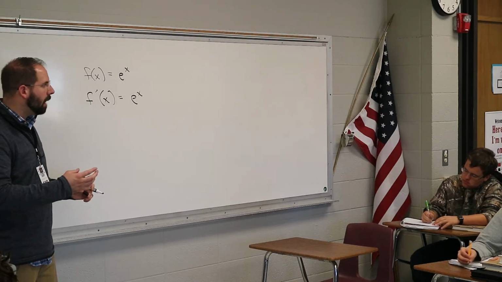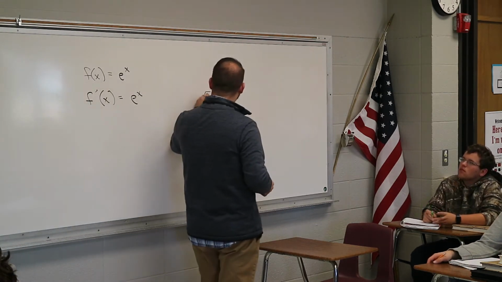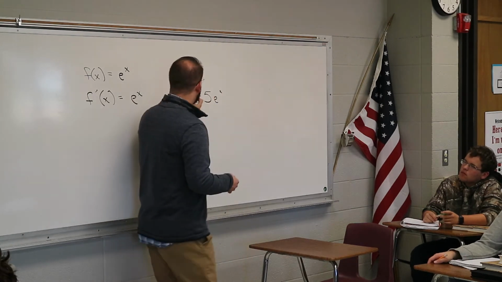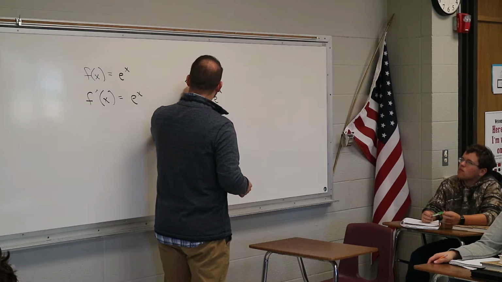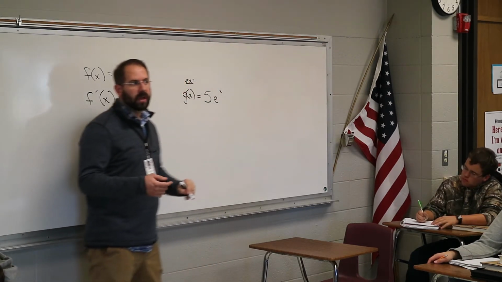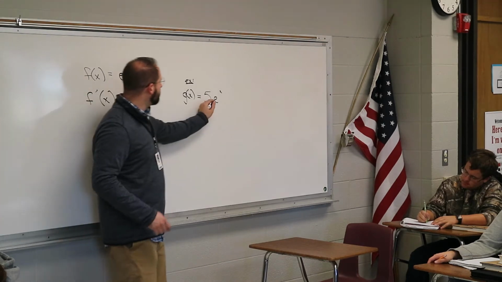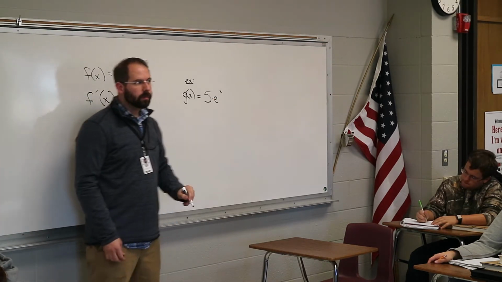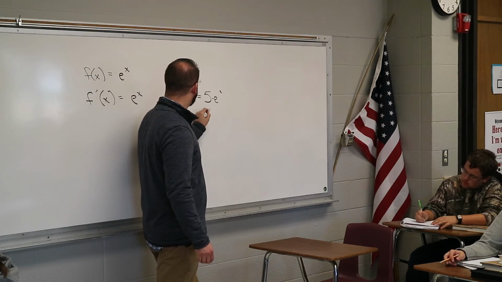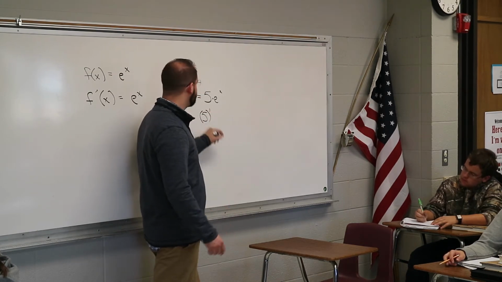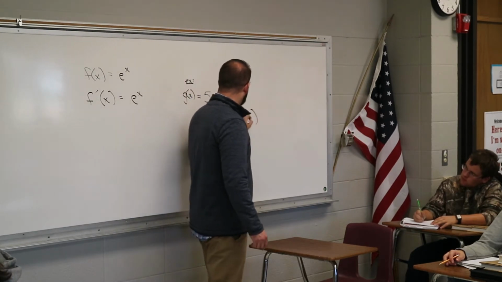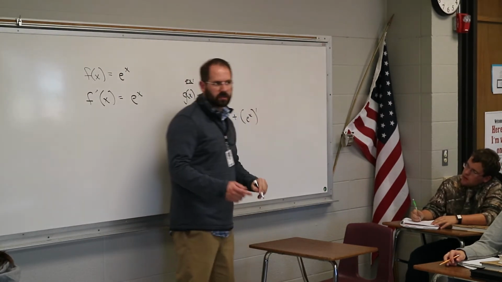So in the middle of a problem, you could be doing 5 e to the x, and you're taking the derivative. That's a product rule, because these two things are being multiplied together. So you'd have the derivative of the 5, the first, times the second, plus the derivative of e to the x, the derivative of the second times the first. I'm doing shorthand so you can see this.